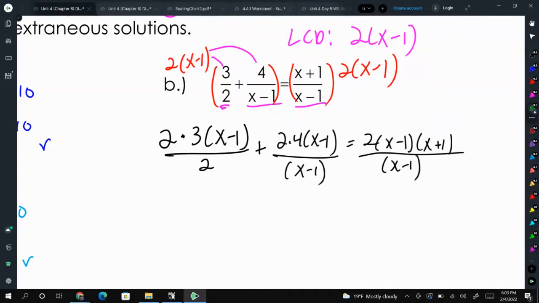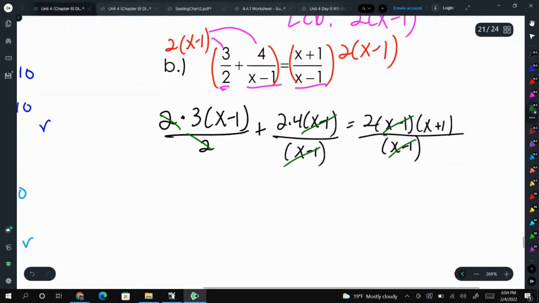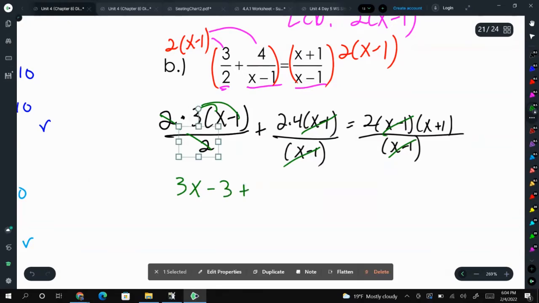Now, yes, you could multiply 2 times 3 and then 2 times 4 and all that, but then just realize you'd have to reduce the fraction afterwards. So these two cancel, x minus 1, x minus 1. Because what this does is it gets rid of our fraction. So we have 3, and now I'm going to distribute 3x minus 3 plus 2 times 4 is 8 equals 2 times x plus 1.